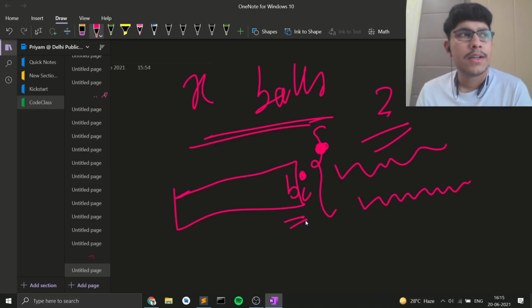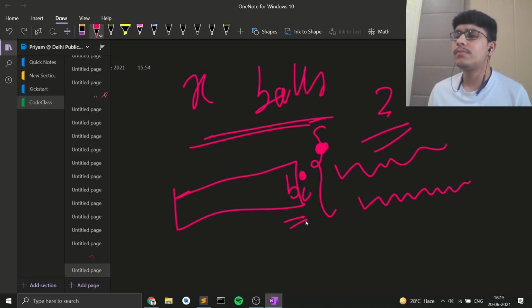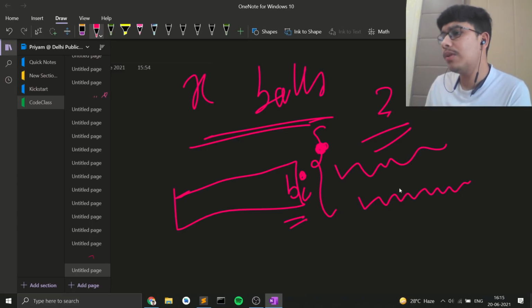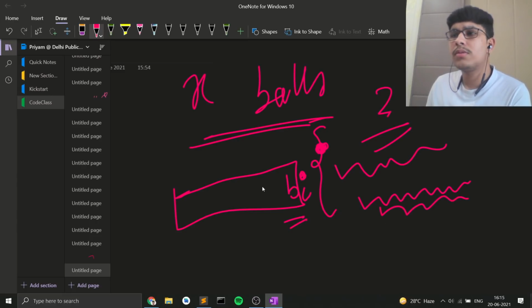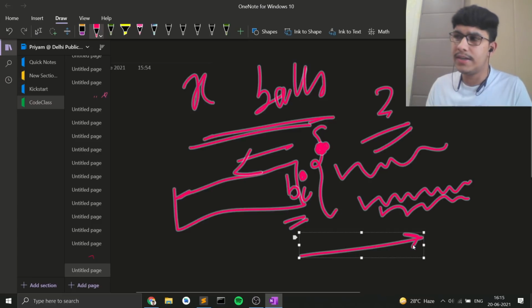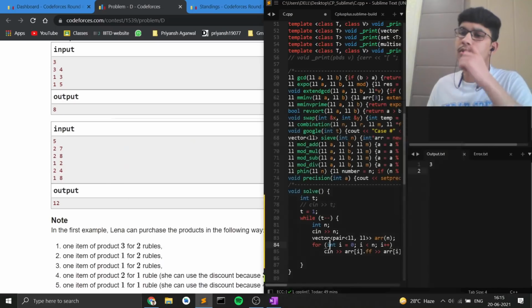If they are greater, then obviously I can ask for X free balls. But let's say it tells me that I am not able to buy so many balls here. That simply means I need to decrease my X. And if I can, then I need to increase my X, right? Yeah, I can do a binary search on this, and I will be picking up balls only from the suffix.